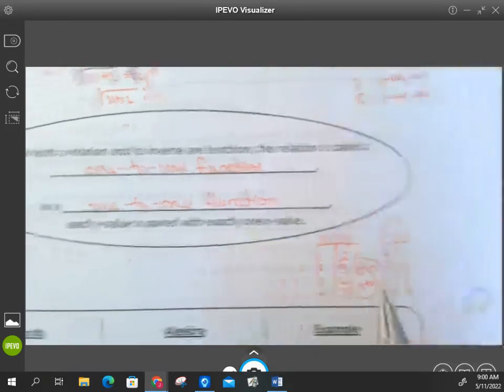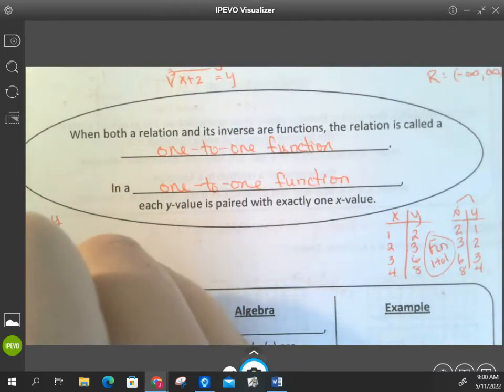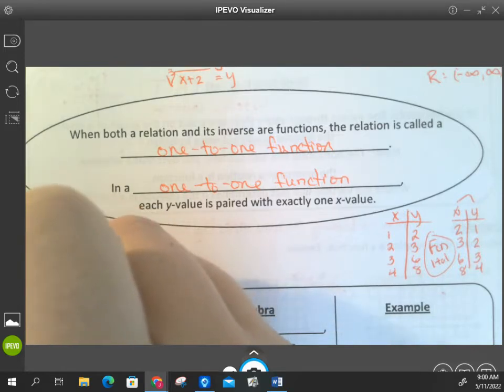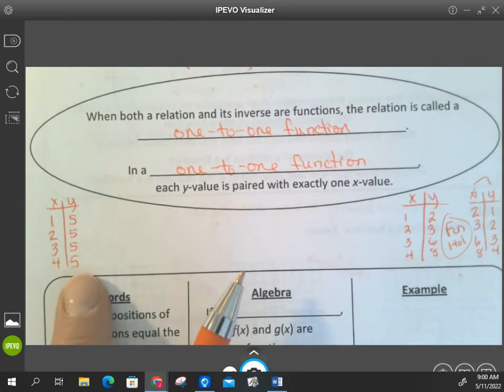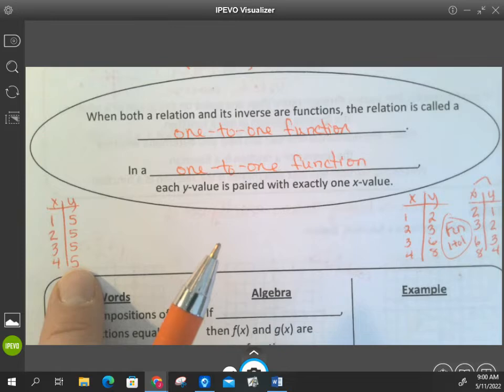If I gave you another example, and it was something like x, y, and x is 1, 2, 3, 4, and y is 5, 5, 5, 5. A lot of people would look and say, oh, it's not a function. It is. Every x has only one y. It's okay that the y's repeat, as long as the x only has one outcome.